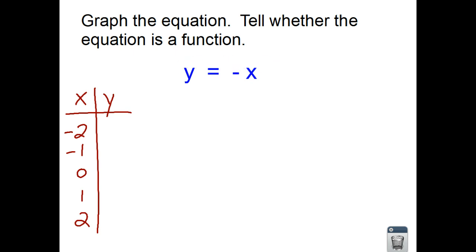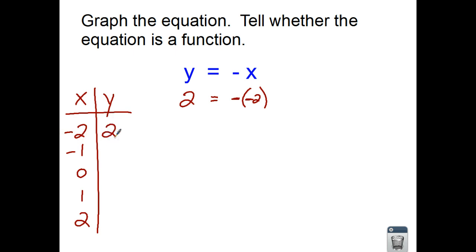So that would be my output. If I have x being -2, I am substituting -2 into my equation. So if I have a -2, my output would have to be +2. So when my input is -2, my output is +2.